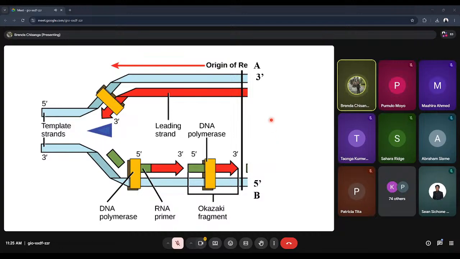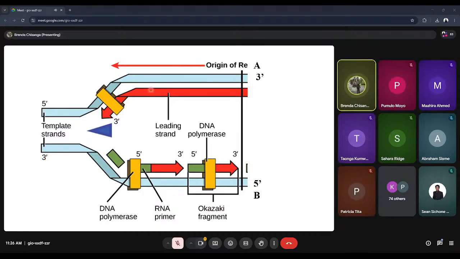So let's focus on strand A. Strand A, this end is a 3' end. If you go down on the blue line for the strand, this end is a 5' end. Strand B, if you cut it here, this end still maintains the 5' end, and this end maintains the 3' end.